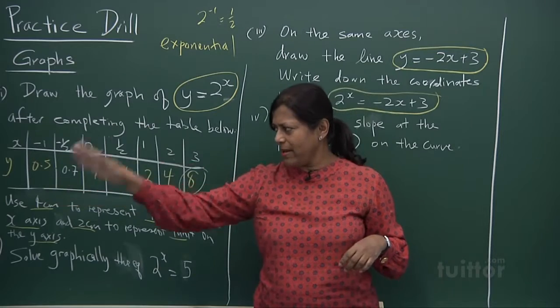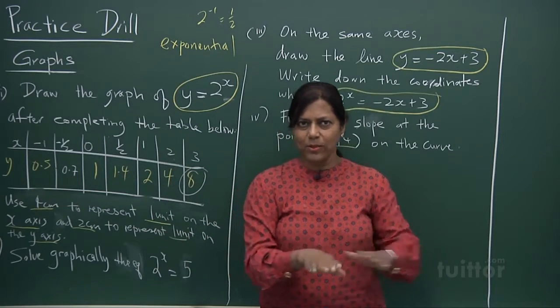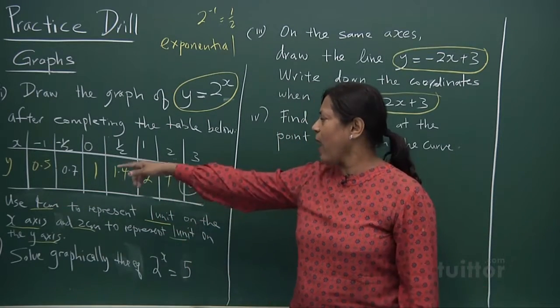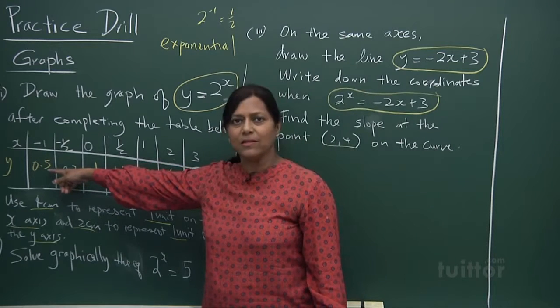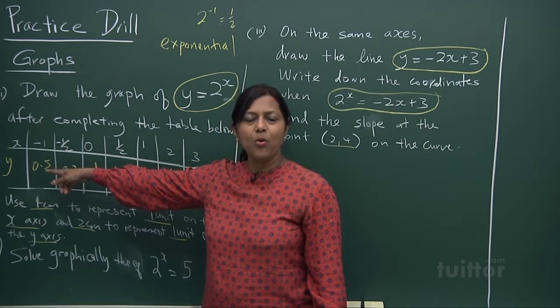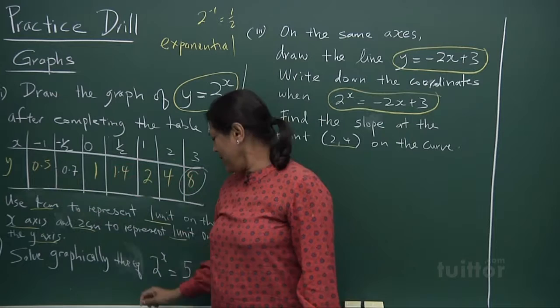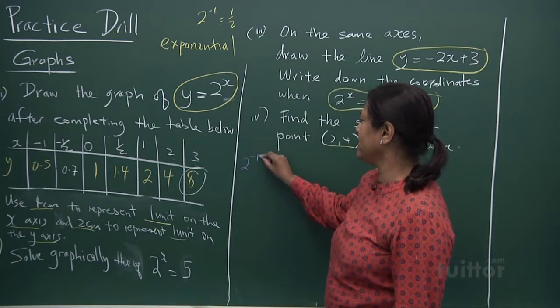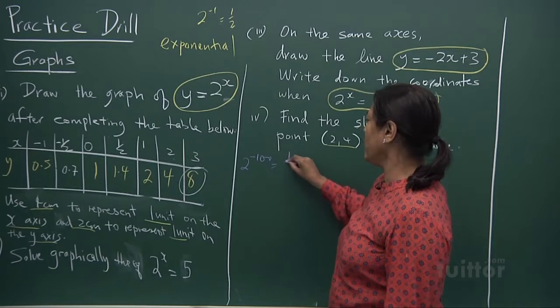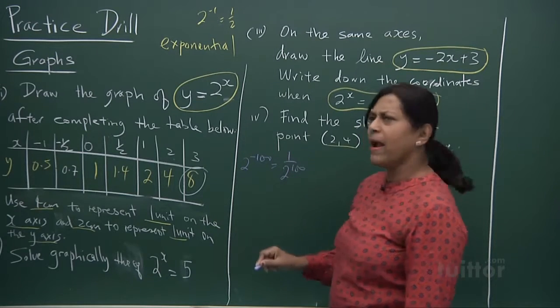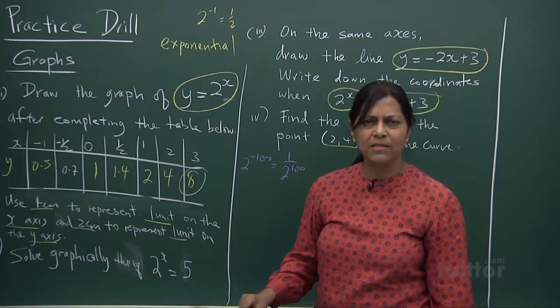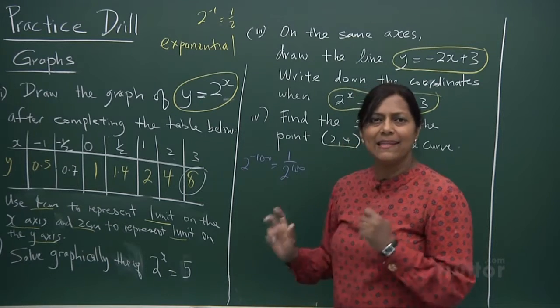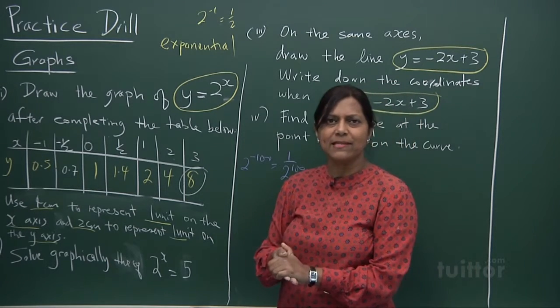And look at it, y is still positive, right? We know in the laws of indices, even if it had been 2 to the power of minus 100, it's still 1 over 2 to the power 100. The numbers are always positive. Just use that added information that you have on indices.